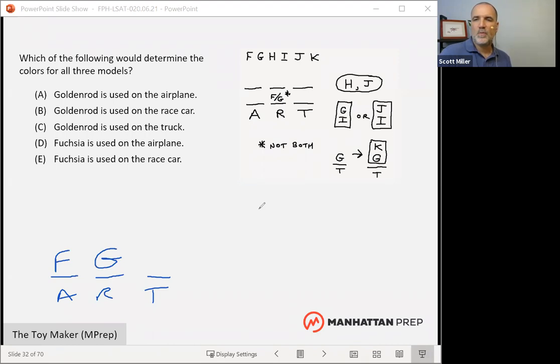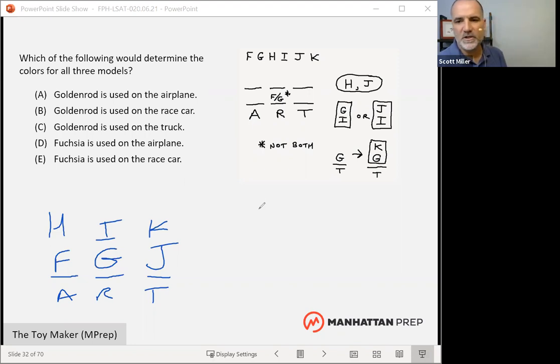So do we know now where I goes? Because G can be with I or J can be with I. It looks like I could be with G, and then I can't have H and J together. So maybe I can put J over here and H over here and K over here.